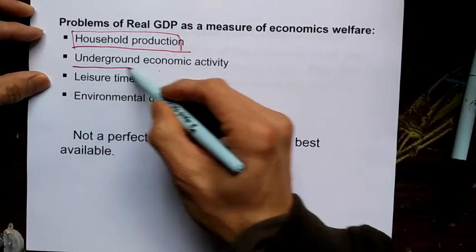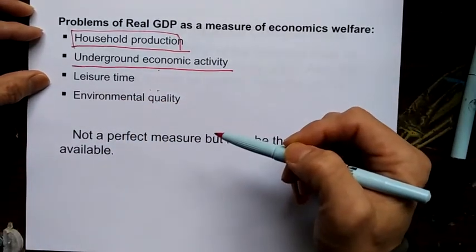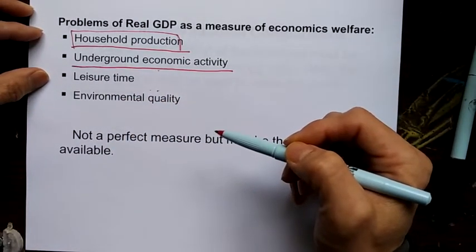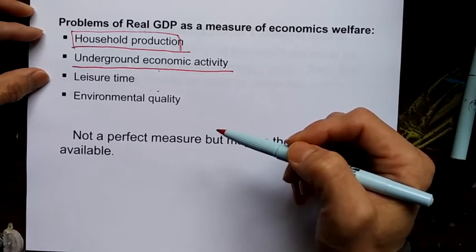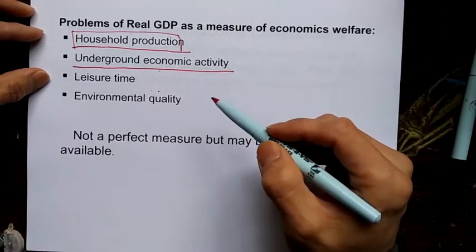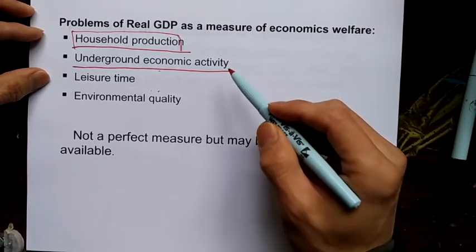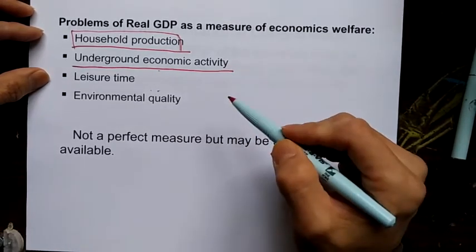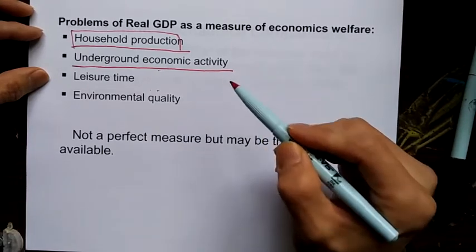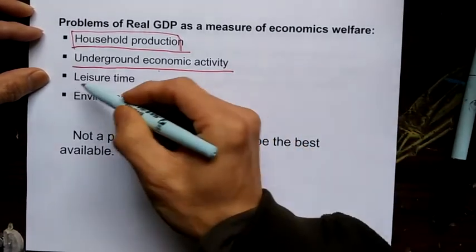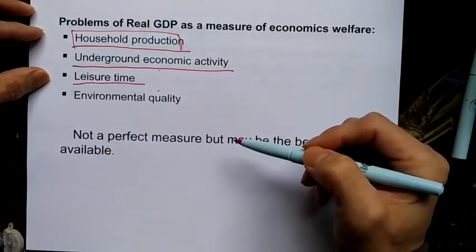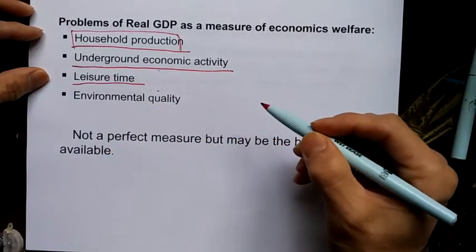Second, underground economic activities are not included in the calculation of GDP because they do not have a market value that the government can use to calculate GDP. Number 3, do you like leisure time?